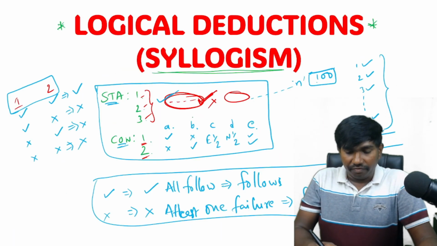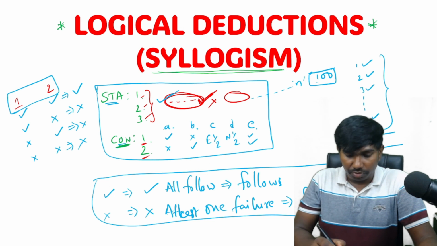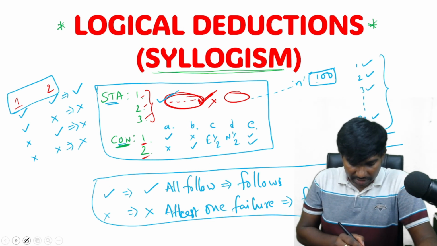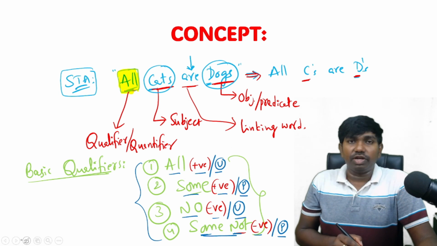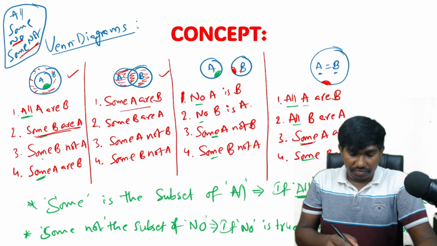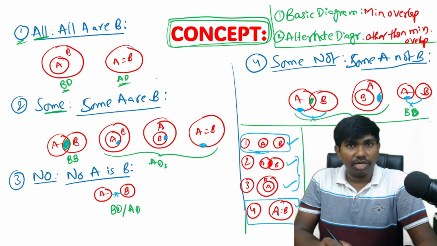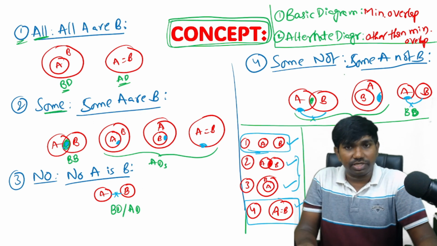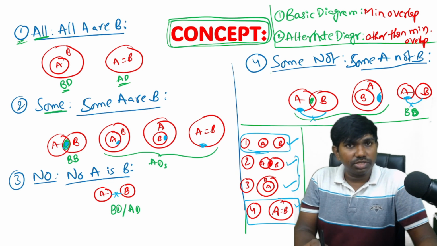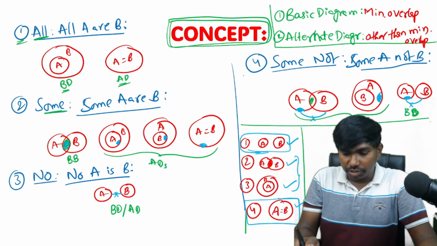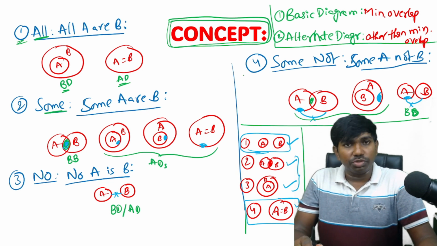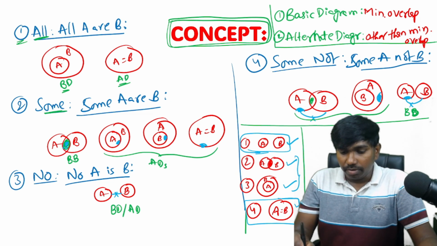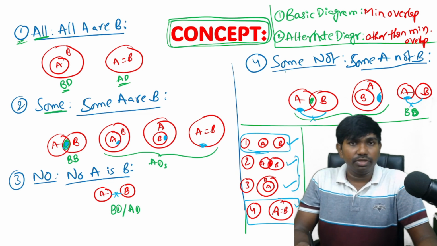First of all, when we can say a conclusion is true or false, when we can say a conclusion follows or does not follow. And second, what are the qualifiers we have, what are the basic diagrams for them, and what are the alternate diagrams for them. But be careful with the basic diagram only. The alternate diagram is not that necessary. Only when the situation comes do we use the alternate diagram. I'll show where to use alternate diagrams, but be careful and be clear with the basic diagram.